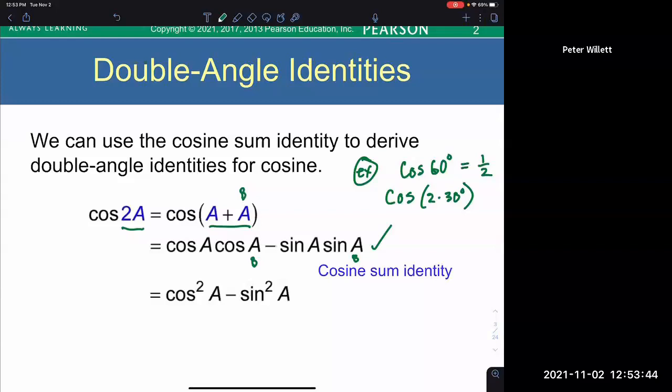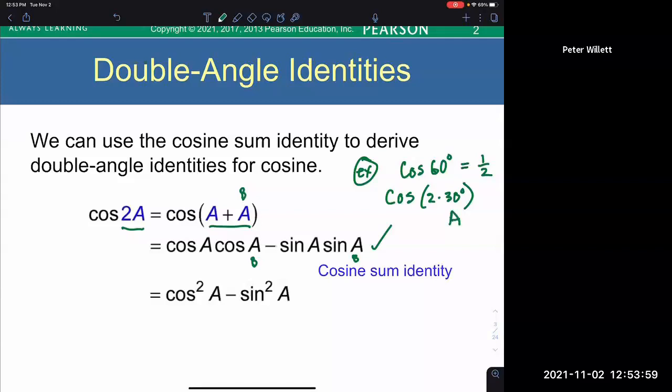However, what we're going to do now is recognize that you could get that 1/2 value using this identity. If you thought of the A value being 30 degrees, then 2A would be 60.